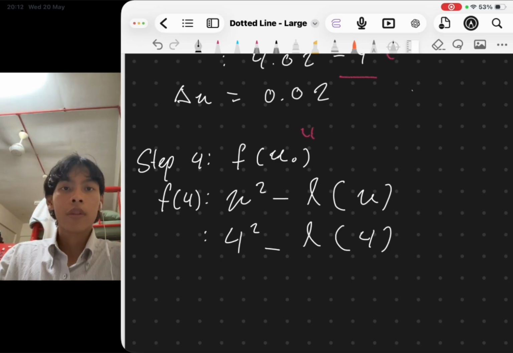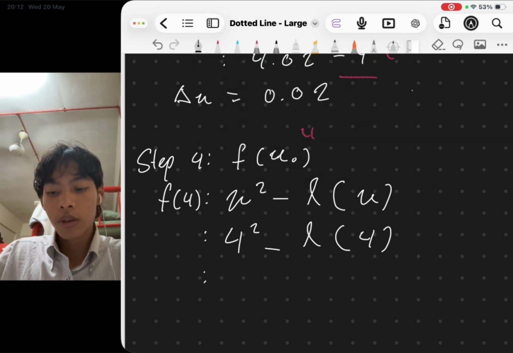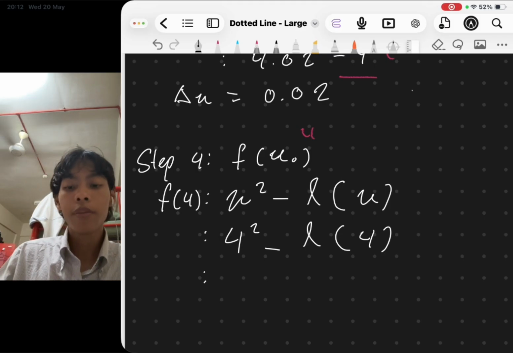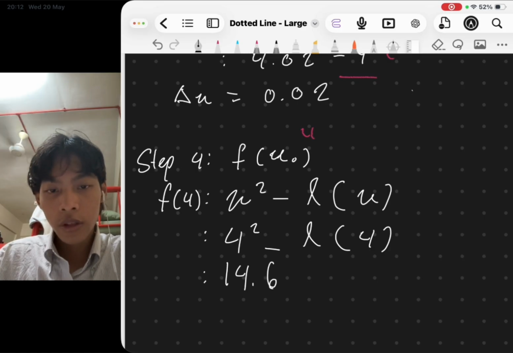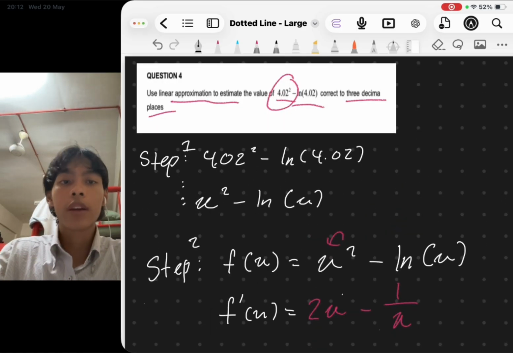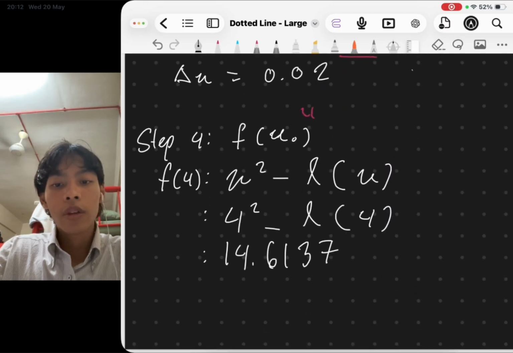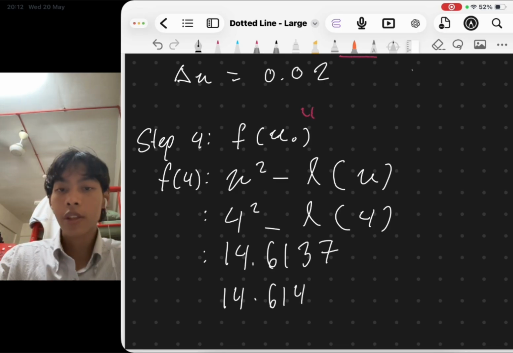We put the calculation in the calculator and we get 14.6137. But since the answer wants 3 decimal places, we turn it to 14.614. So that's the first one.